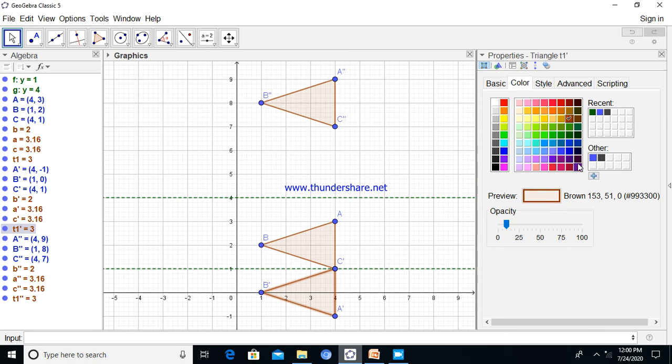Let's give this color, okay. This is the first image, you can see, pink color. And the final image, that I will make it, okay, green.